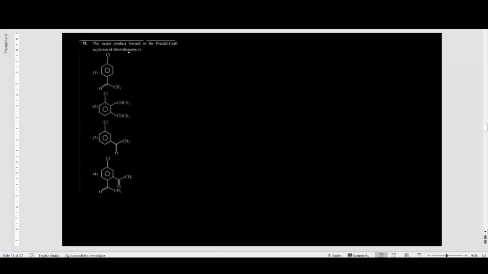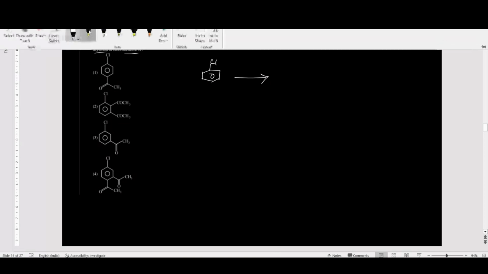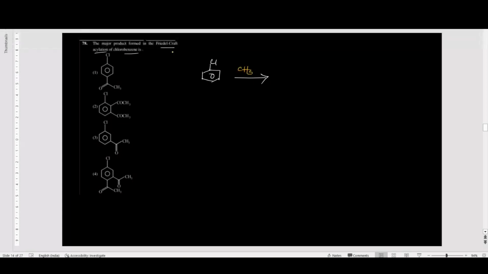Here they are asking for the major product formed in the Friedel-Crafts acylation of chlorobenzene. So let's draw this chlorobenzene. This is chlorobenzene, right? And they have mentioned Friedel-Crafts acylation. Let's take CH3, C double bond O, Cl, in the presence of anhydrous AlCl3.